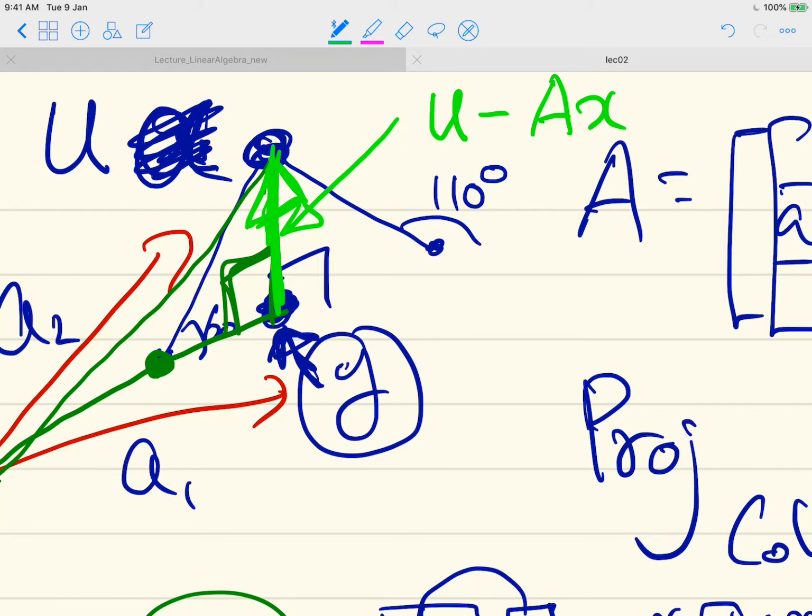So this orthogonal projection has a much stronger condition. This guy should of course be orthogonal to this horizontal line. But what if we just make it slanted?